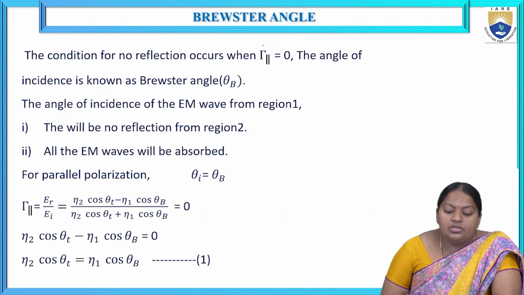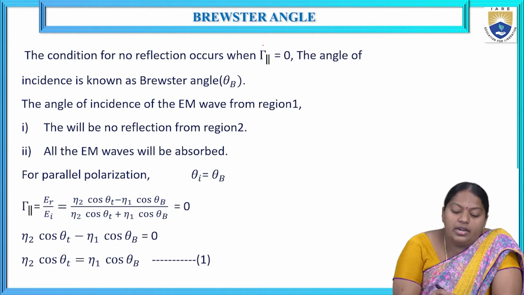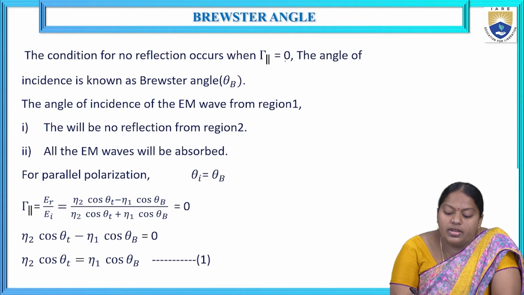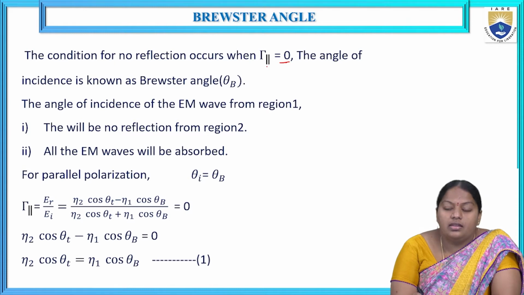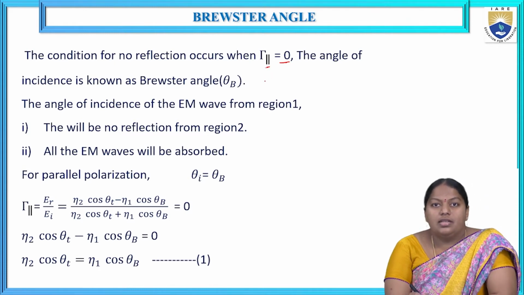Now, the condition for no reflection will define the Brewster angle. The condition for no reflection occurs when gamma parallel equals 0. We use the notation gamma parallel because we are representing the Brewster angle in terms of parallel polarization with oblique incidence.